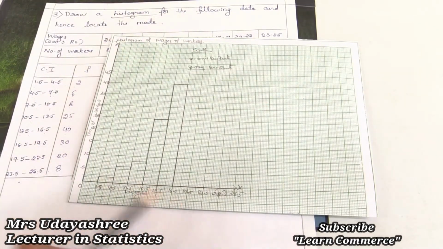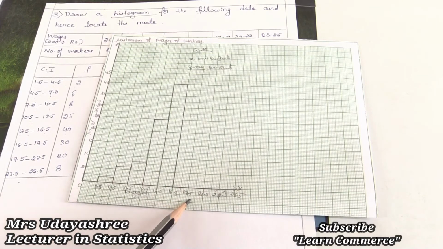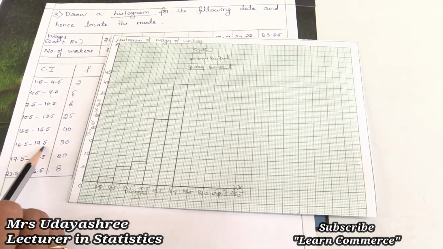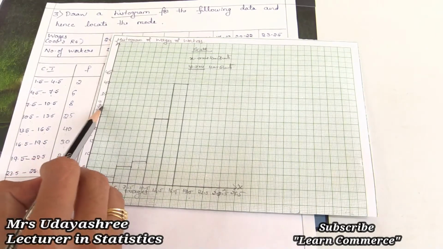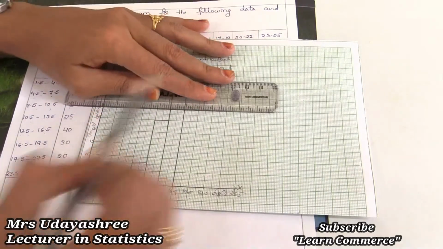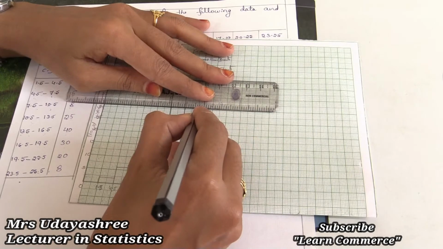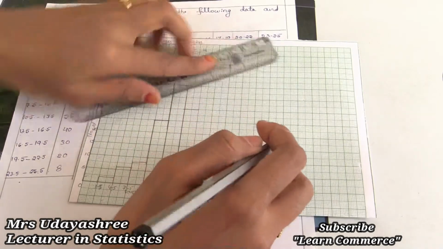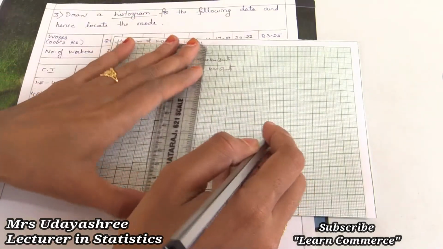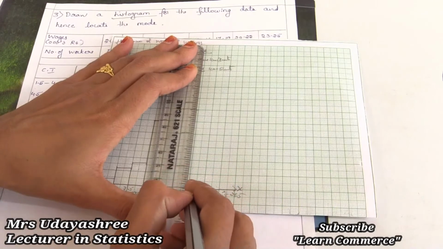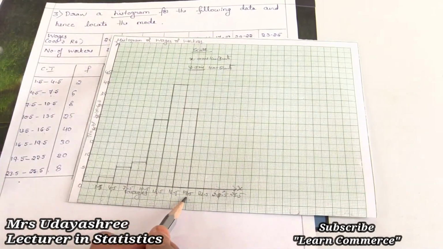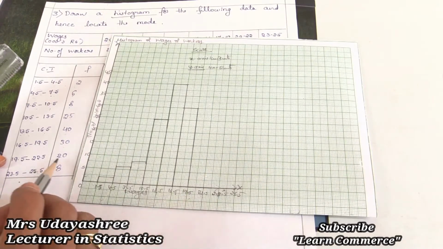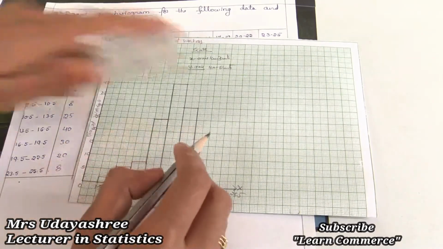Next, 16.5 to 19.5, the corresponding frequency is 30, so 30 is here. Next, 19.5 to 22.5, the corresponding frequency is 20, and 20 is here.